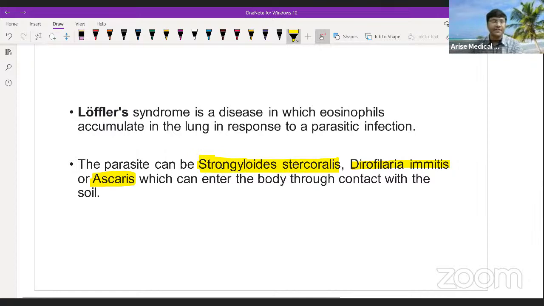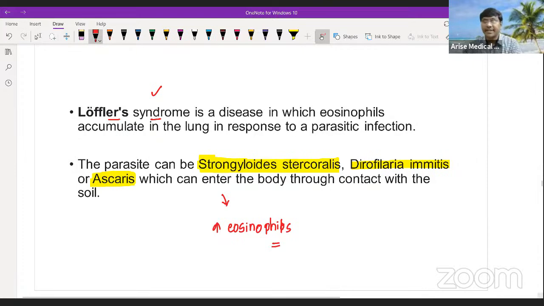These are the parasitic infections which will cause Loeffler syndrome. In these parasitic infections, you have the presence of hypereosinophilia, and this is what is called Loeffler syndrome.